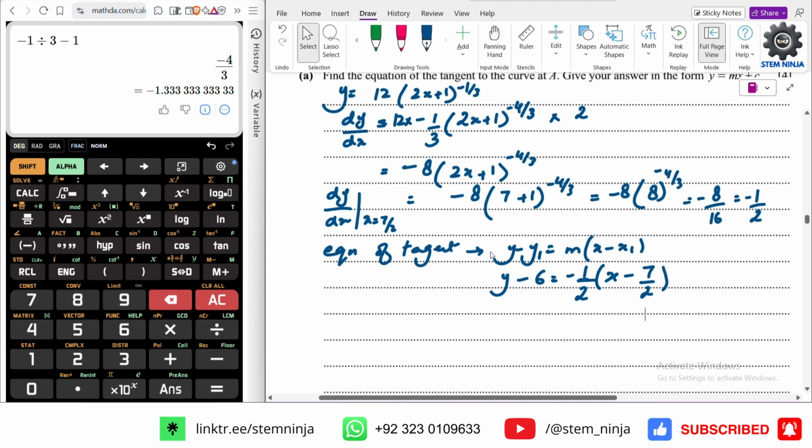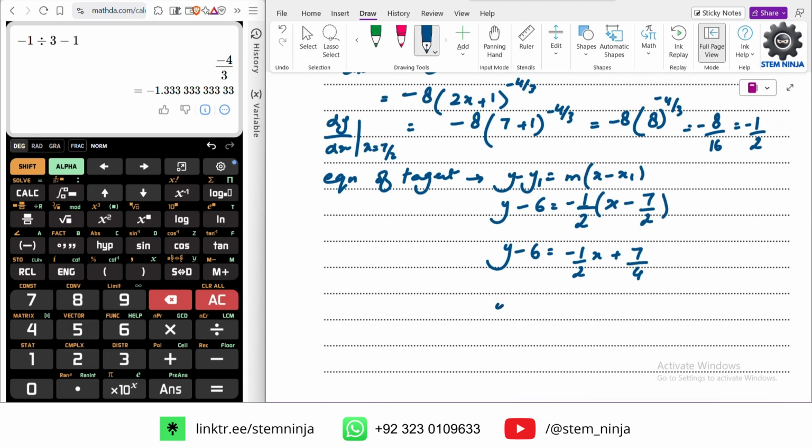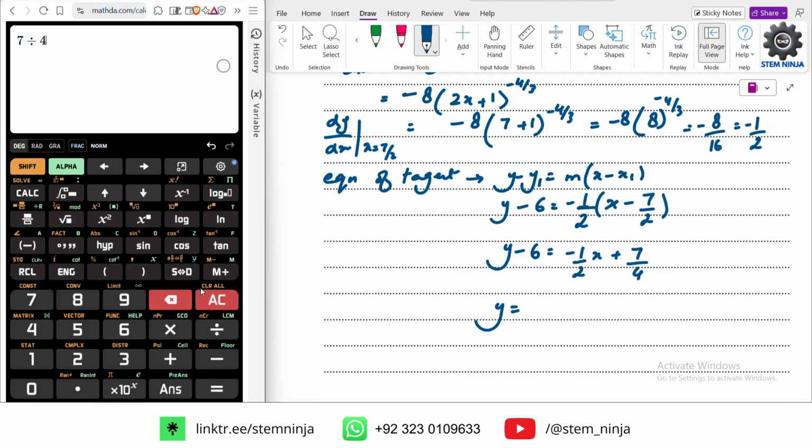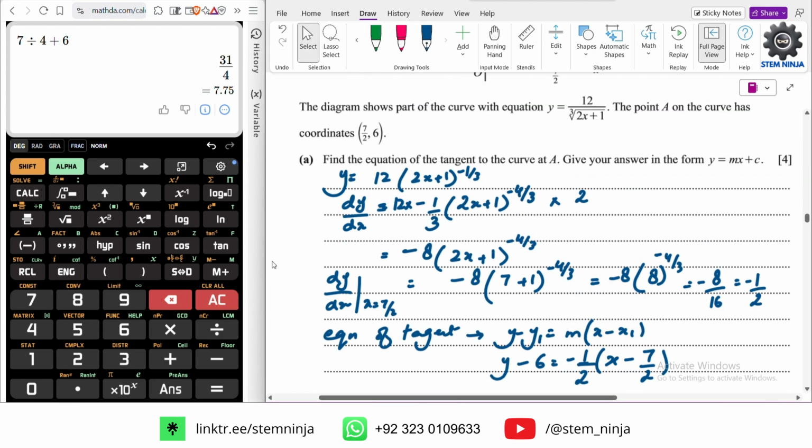So the right side becomes minus 1 over 2 x plus 7 over 4. And we need this in the form y equals mx plus c, so we need to take 6 to the other side. So this would be 7 divided by 4 plus 6, which is 31 over 4. So y equals minus 1 over 2 x plus 31 over 4. Okay, so that's the equation of the tangent at A.